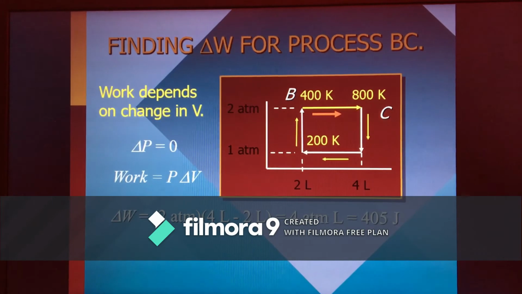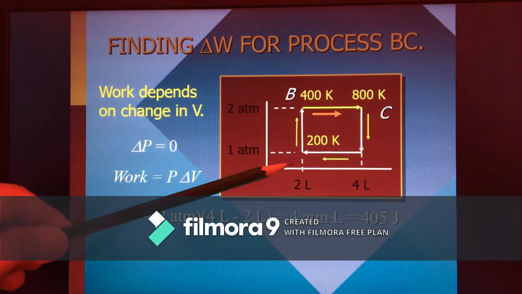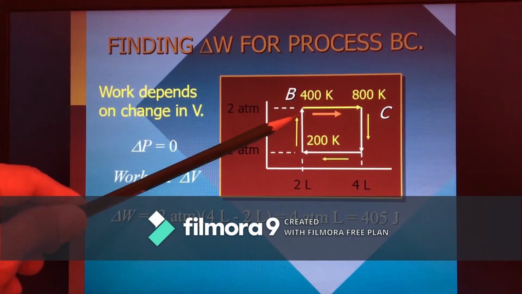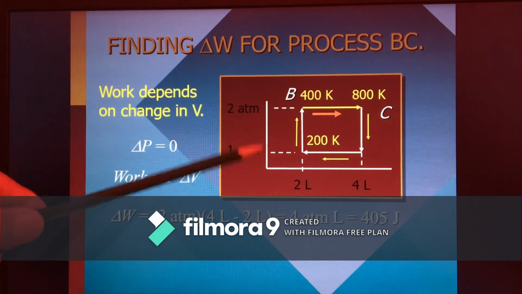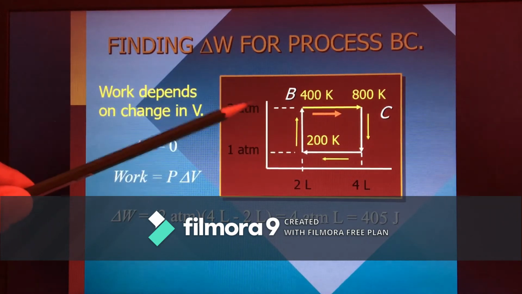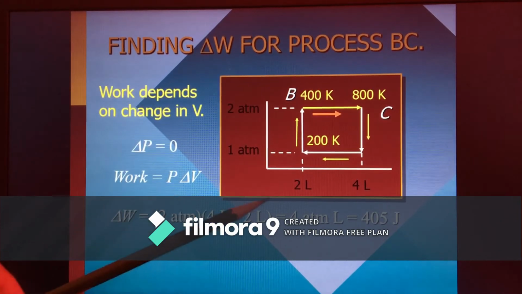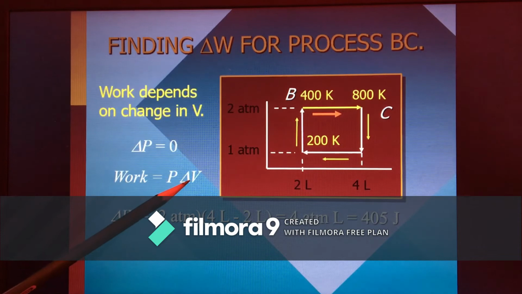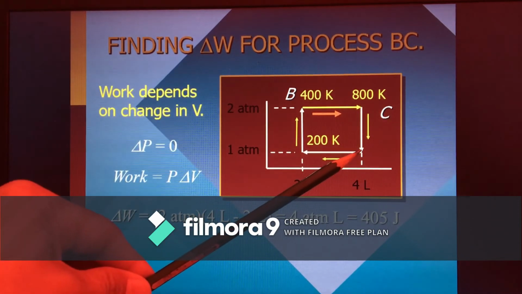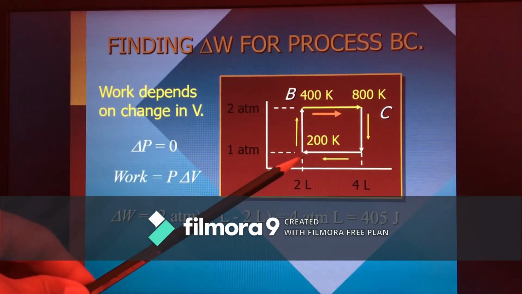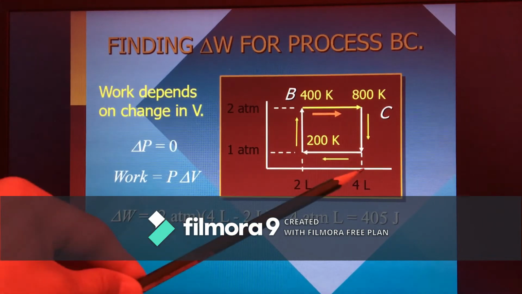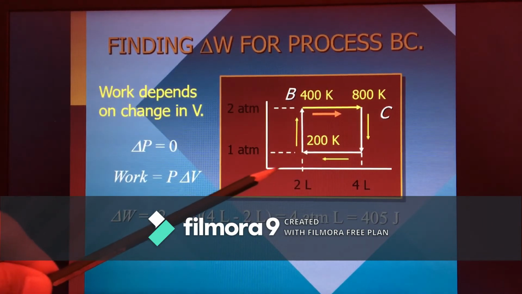So the work, delta W, is equal to 2 atmosphere for the pressure, multiplied by the difference of the volume. This point is 4 liters, and this is 2 liters.